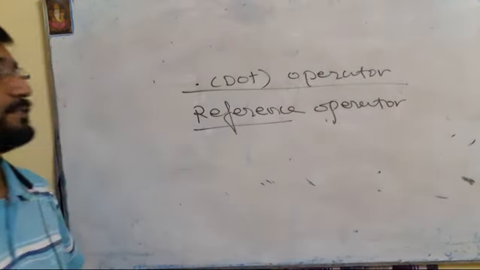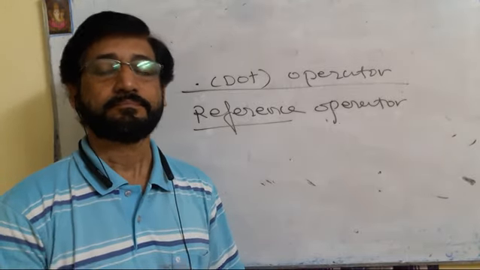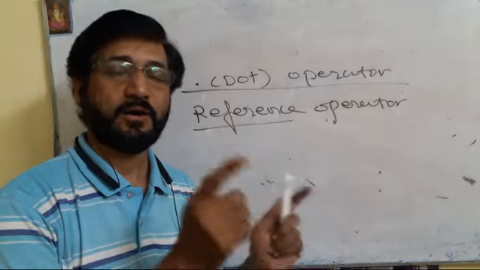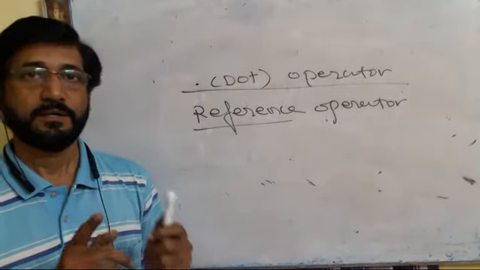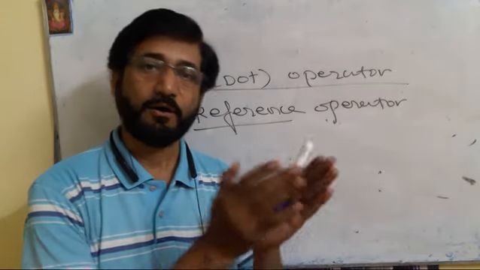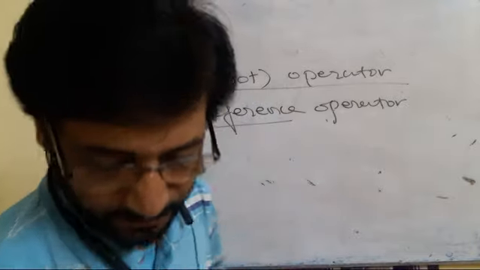Okay, the dot operator is a reference operator. It is used to refer to an object or a class by a variable or a method.